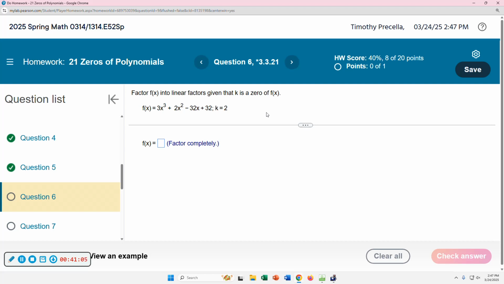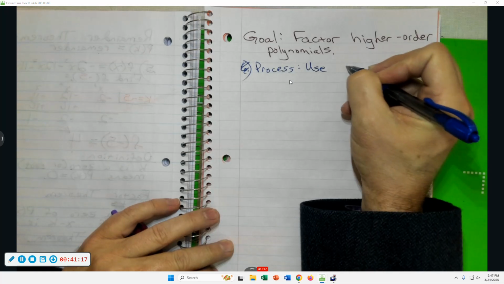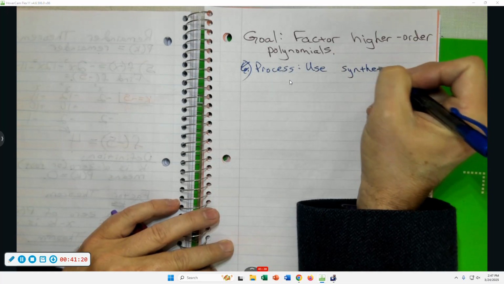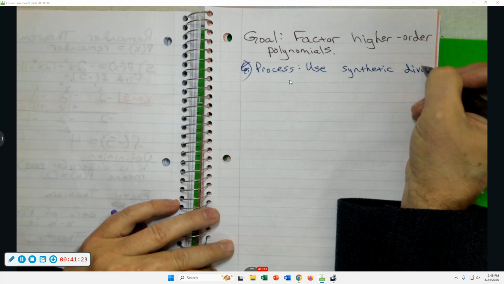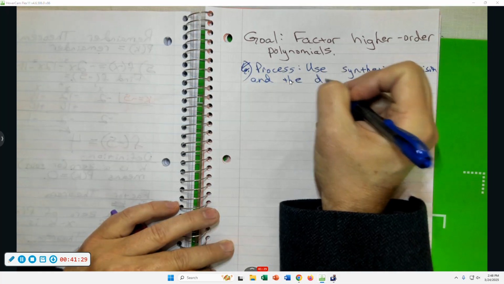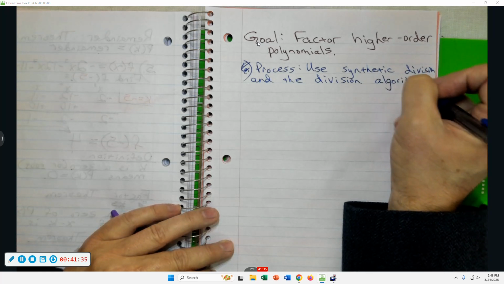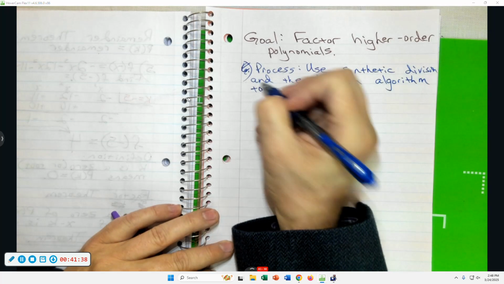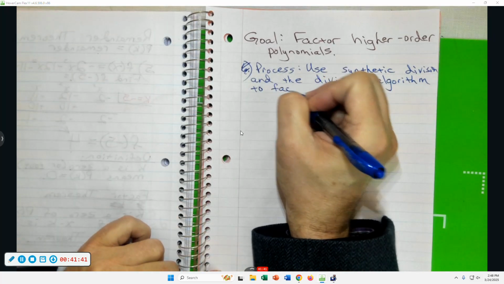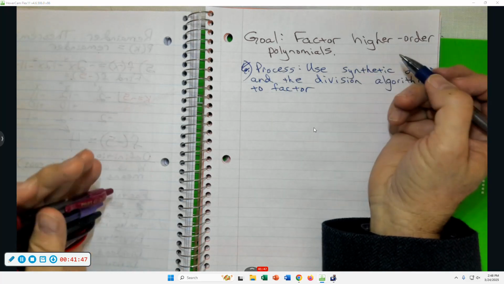Our general process will be to use synthetic division and the division algorithm to factor polynomials with x cubes, x to the 4th, what have you.